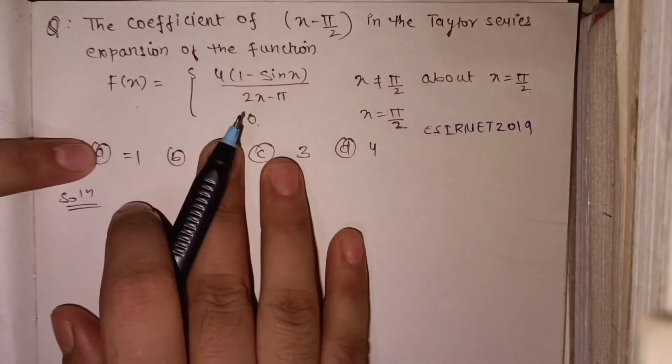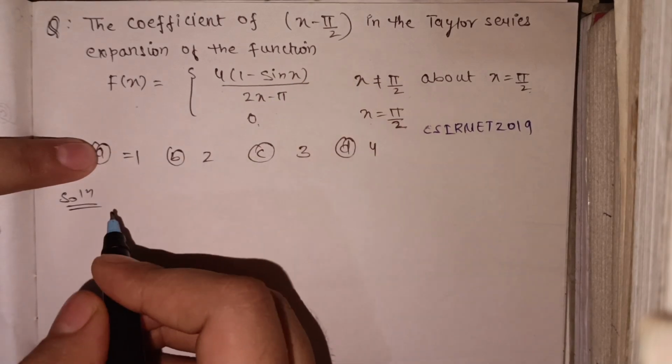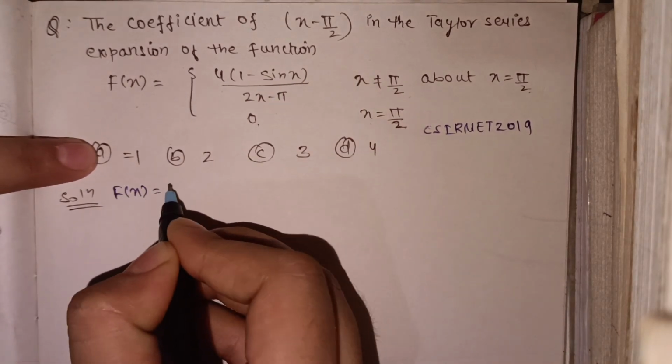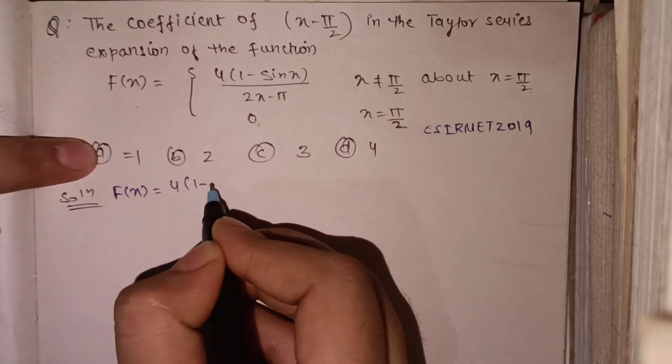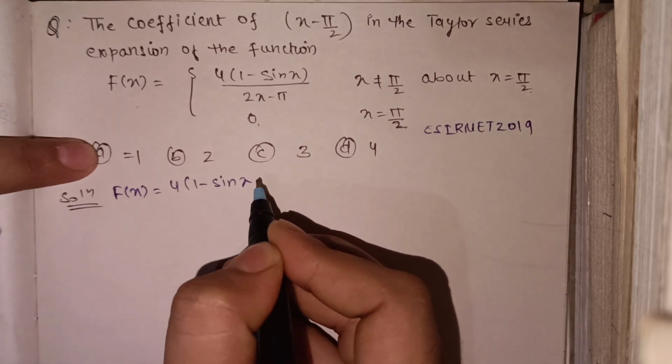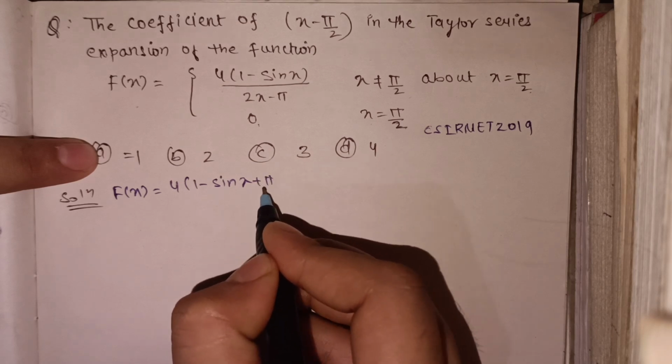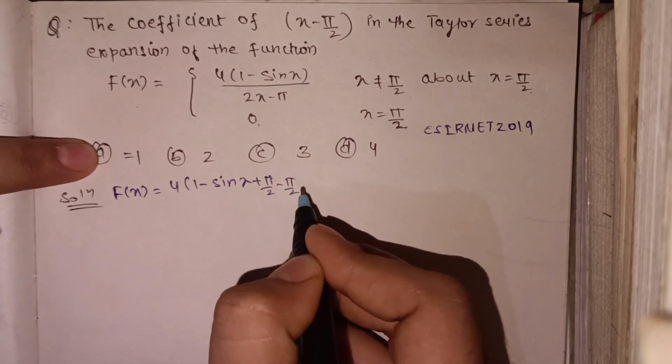So first we have to manipulate this function to find the coefficient. What we do here: f(x) = 4(1 minus sin x). With sin x, we will add pi by 2 and subtract pi by 2.